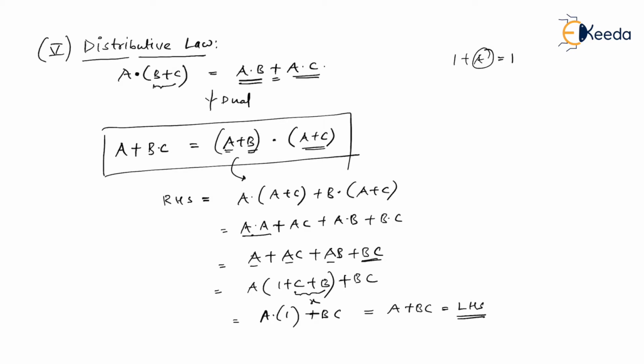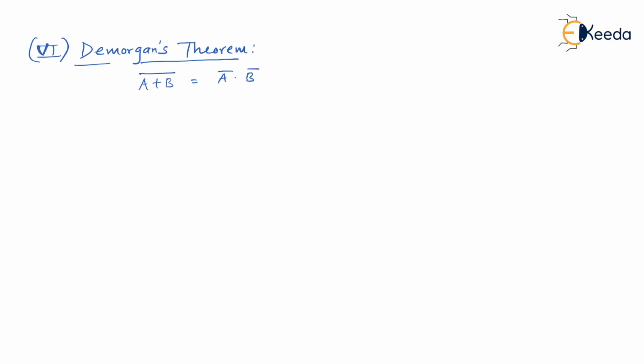Then let's move to the next category, that is very well known, called De Morgan's theorem. So what is De Morgan's theorem? Very simple. If you have (A plus B) whole bar, then this is equivalent to A bar dot B bar. Please remember that if you take a sum of two variables and complement it, that is what is meant by (A plus B) whole bar, this is equivalent to the product of individually complemented variables.